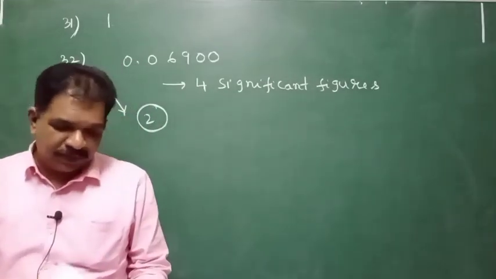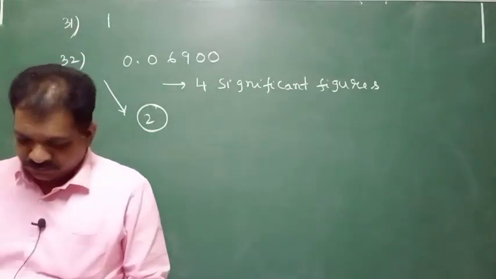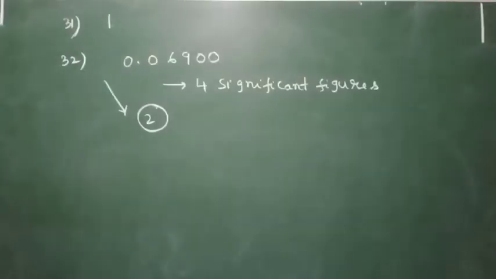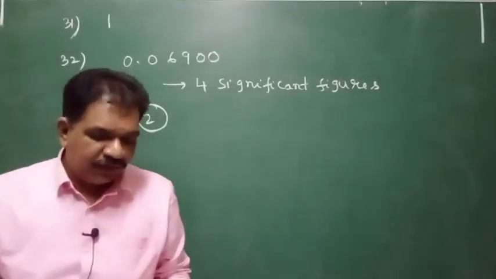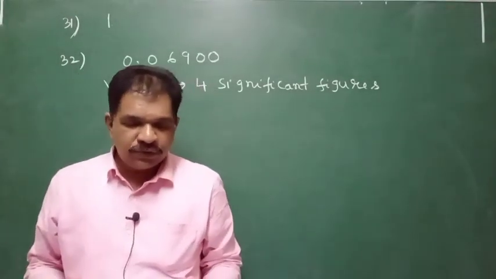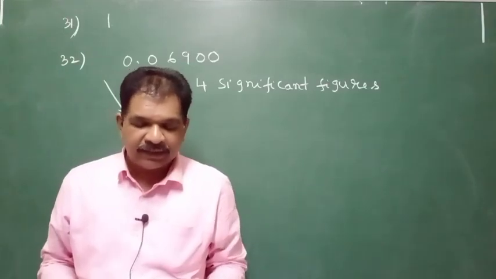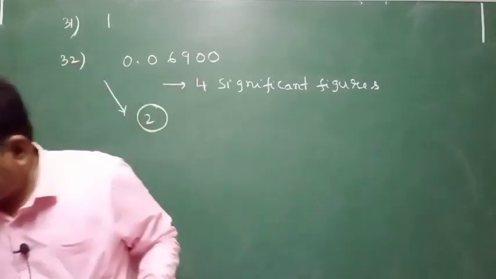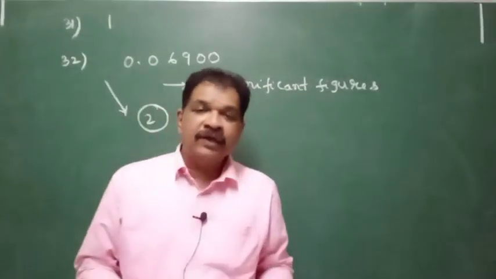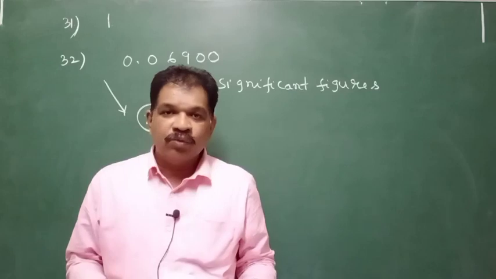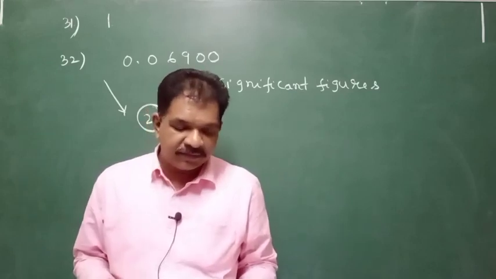Next, question number 33, you see. Which of the following is the most precise instrument for measuring the length? Okay. Device which is having least count more, that will be called the most precise device.